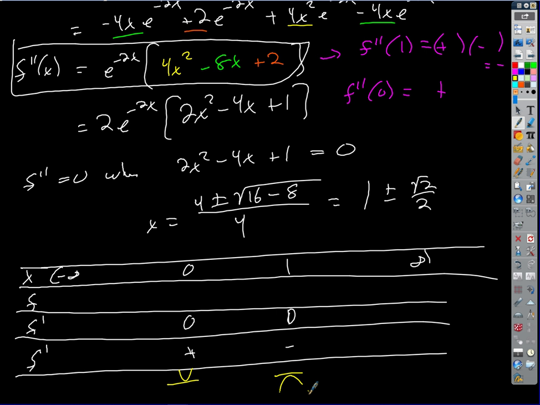So, do you ever use a third derivative test? No, you really don't. I wouldn't say never, but very, very rarely. And you would never call it the third derivative test.